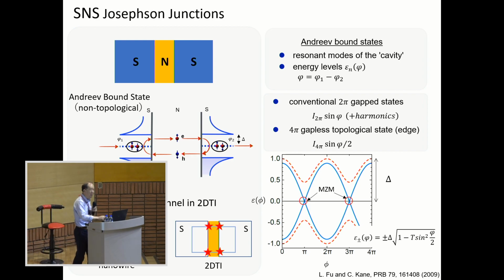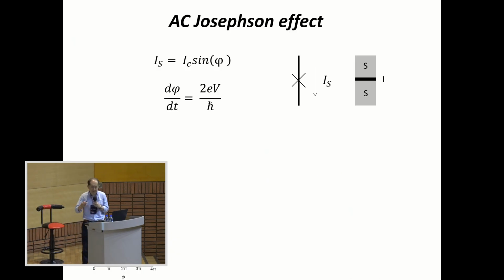So to do that, we use the AC Josephson effect. In William Oliver's talk at the very beginning, he mentioned the Josephson junctions.